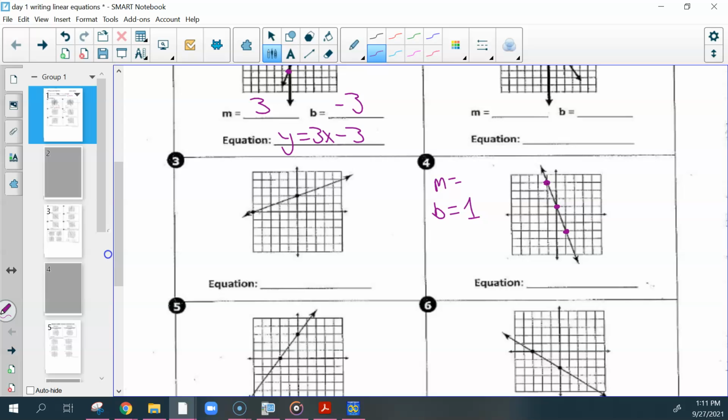Positive 3? Yeah. So in this case, if I'm starting here and I go down 3 and right 1, is that still a positive? No, it's negative. So this should be -3x plus 2. Remember, if you go down or left in only one of those, you're going to end up with a negative. But if you go down and left, that's negative over a negative, so that's positive.